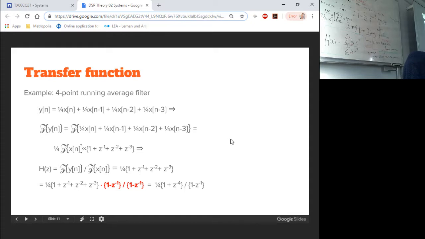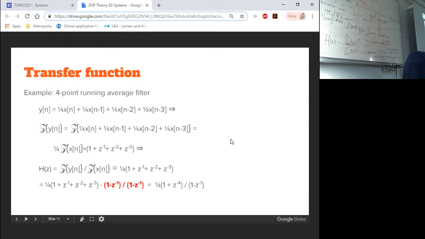So basically, in the denominator you have 1 minus z to the minus 1. Yes, which means that you also have to multiply, well, you don't have to, but that's one way of doing it.